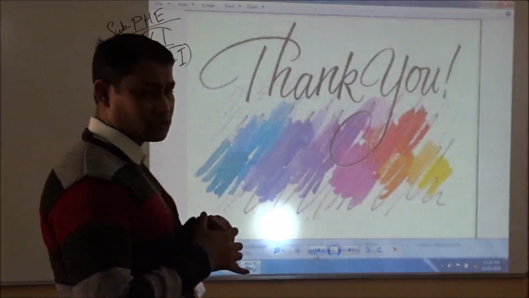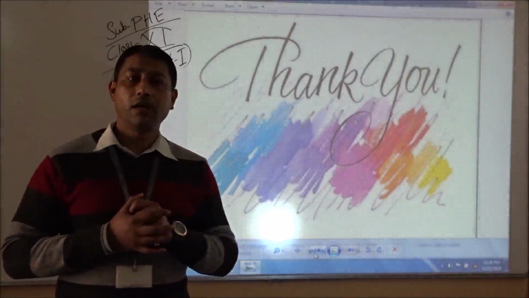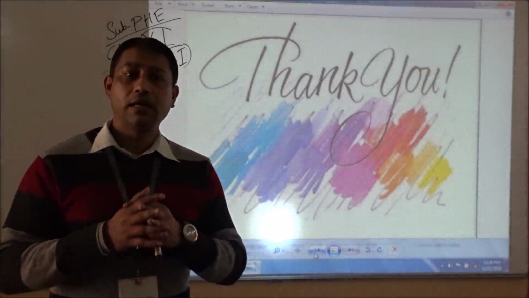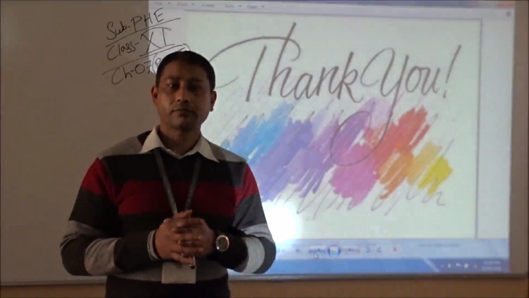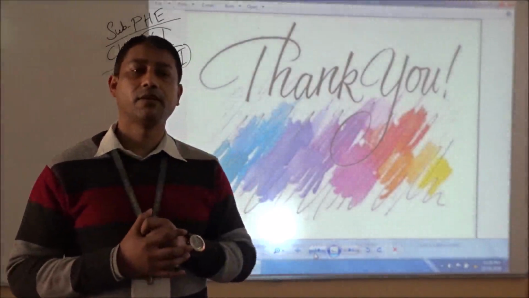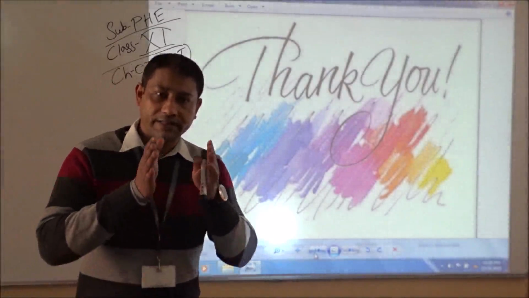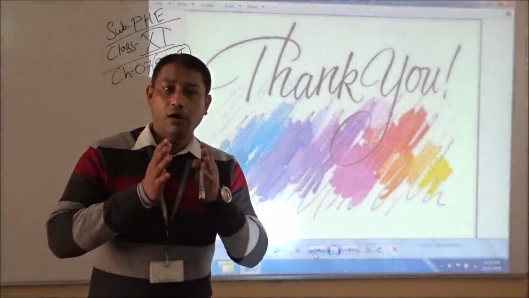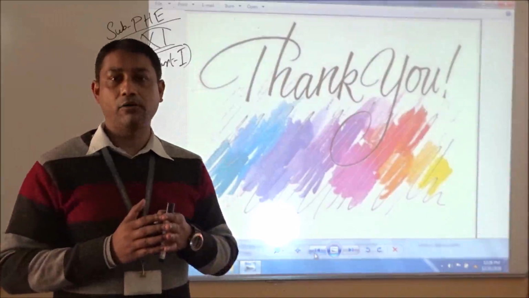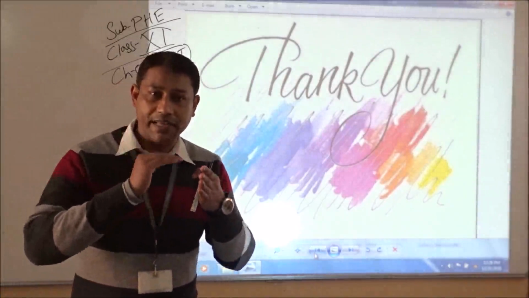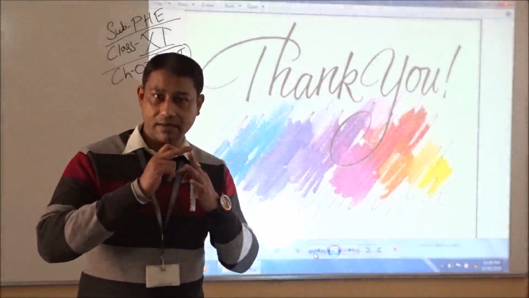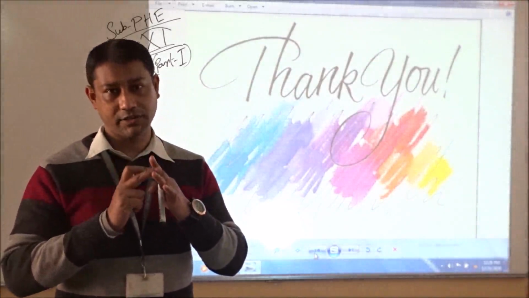So yes, students, with this we come to the conclusion of the first part. In this first part, first of all we have discussed the meaning of test, measurement and evaluation.